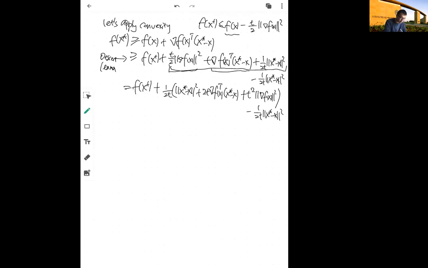Okay, let's now complete the square. So we get f plus 1 over 2t. Once we complete the square, we get x star minus x plus t gradient of f at x, squared, minus the other term.